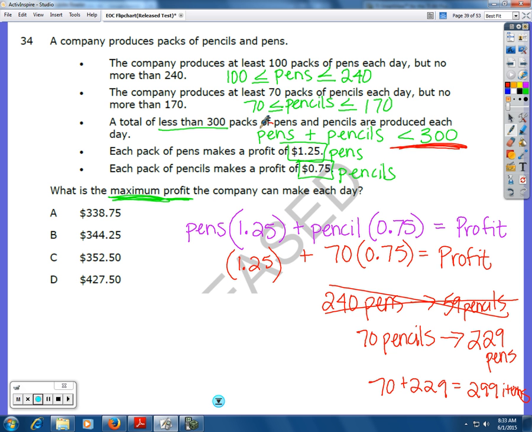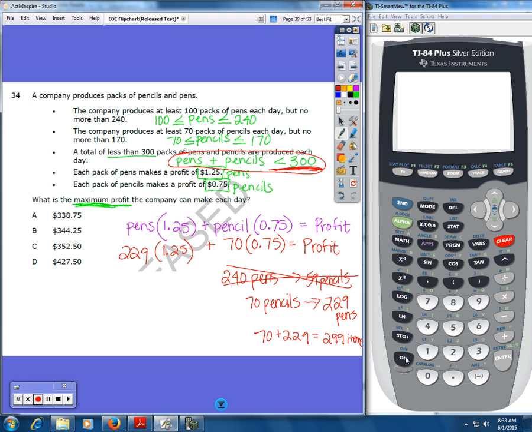goes along with this statement here, that all the pens and the pencils added together has to be less than 300. Okay, so back to this equation right here. So I have 70 pencils, 75 cents each for the profit, and then 229 pens with $1.25 each for the profit. Okay, now this is in the calculator section, so you can put it in your calculator.